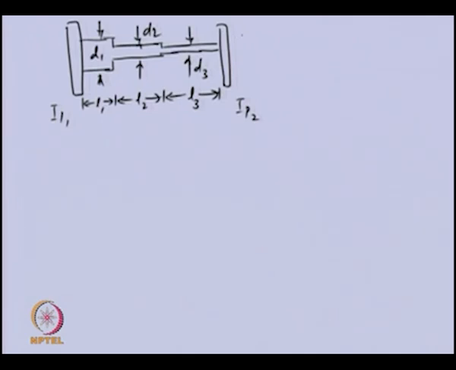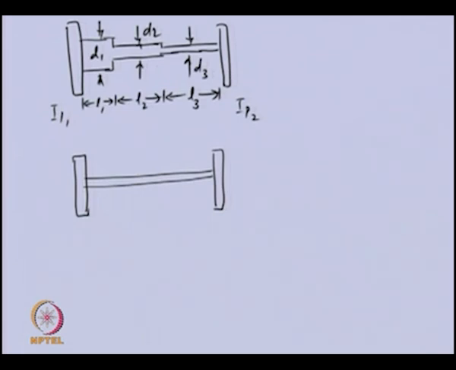So if we neglect the mass moment of inertia of the shaft, and only consider the disks, this particular system is in some way identical to the previous rotor system, in which we had two disks connected by a uniform shaft.